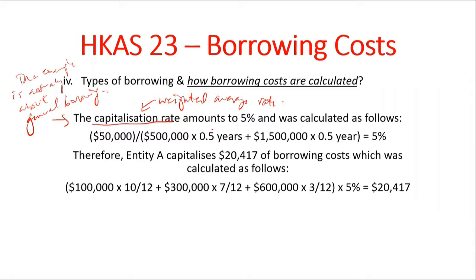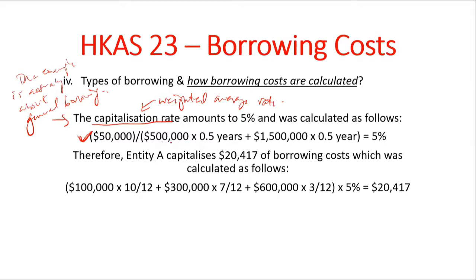So let's look at this example. The first thing that you will do is to calculate the weighted average rate, or the capitalization rate, right? So how do you calculate the capitalization rate? You take the total interest expense that was given to us, which is 50,000. You divide it by the borrowing holding. We had 500,000.